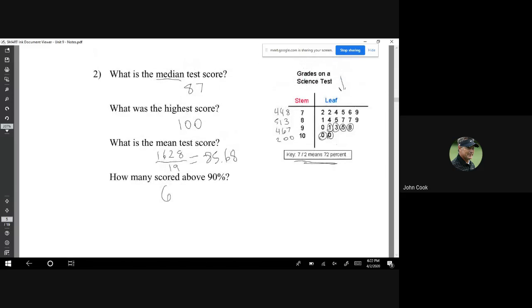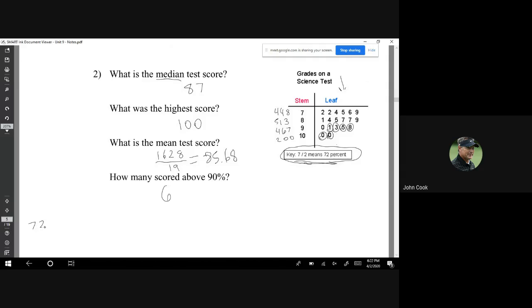So what I'm going to do is spend a little bit of time showing you how to set this up without a stem and leaf plot if this is just too confusing for you. The way to do that is just to use the little key over here and just list your data set out as it is. So there's 19 numbers, so it's going to be less compact. But it might be able to help you out in the long run, if you're patient with it. So let's list out the numbers using the key.